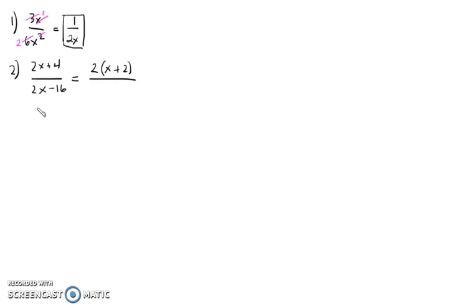All over 2x minus 16, the GCF is also 2, then you're left with x minus 8. Then simply cancel 2 on both numerator and denominator, so your final answer would be x plus 2 over x minus 8. So I guess these are too easy.